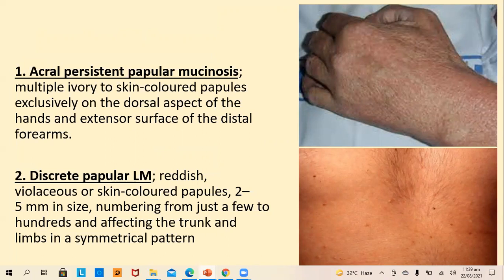Then discrete papular lichen myxoedematosus. In this, reddish, violaceous or skin colored papules, 2 to 5 mm in size, numbering from just a few to hundreds, are seen on trunk and limbs in a symmetrical fashion.